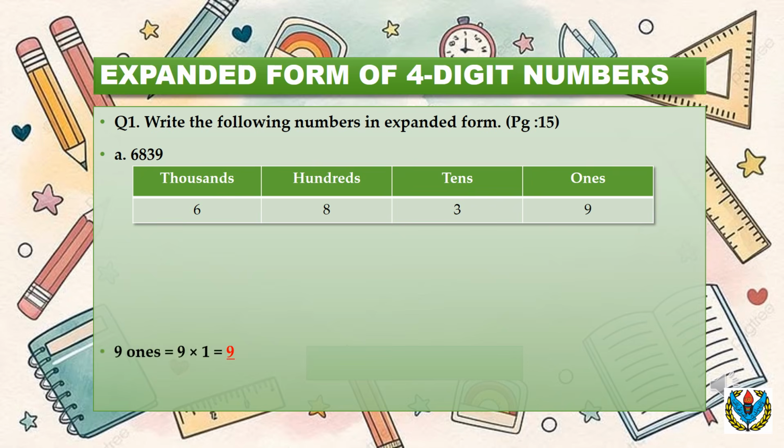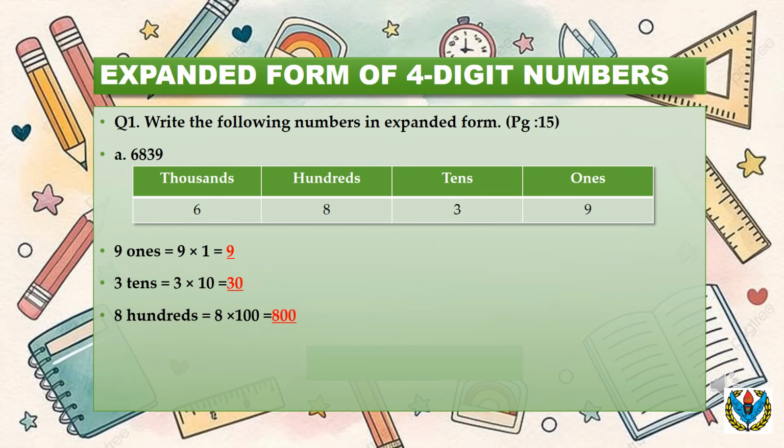As 9 is in the ones place, so we will multiply 9 with 1. So what is the answer of 9 multiplied by 1? Yes, it's 9. Then we will multiply 3 with 10 because it is in the tens place. So what is the answer of 3 multiplied by 10? Yes, it's 30. Next comes 800s.